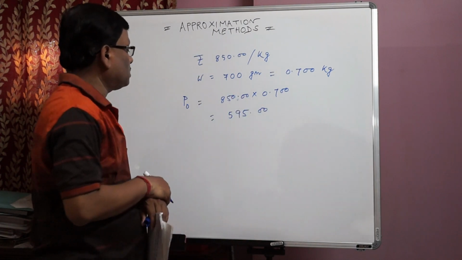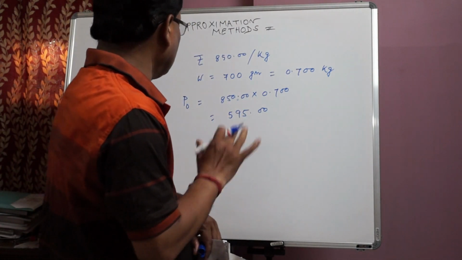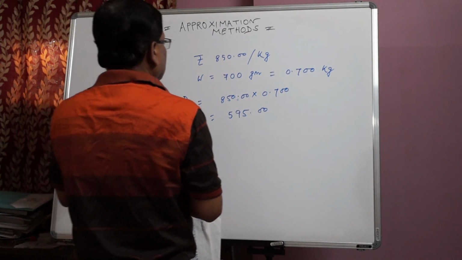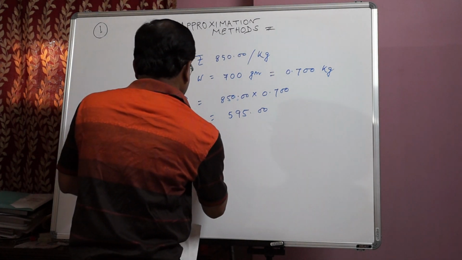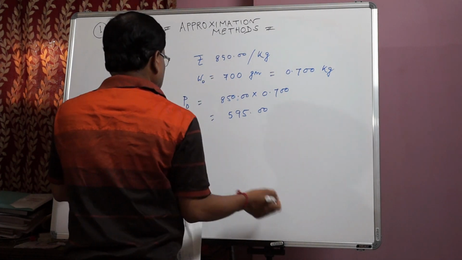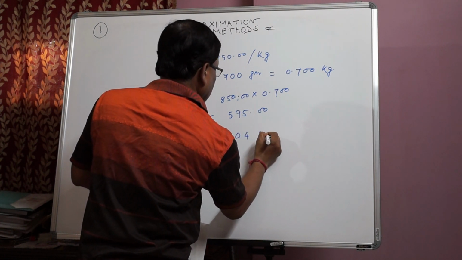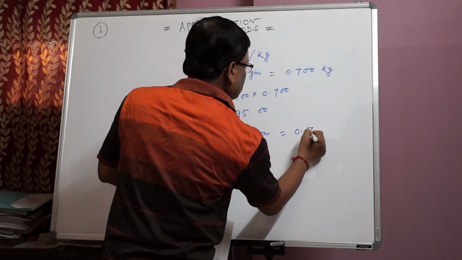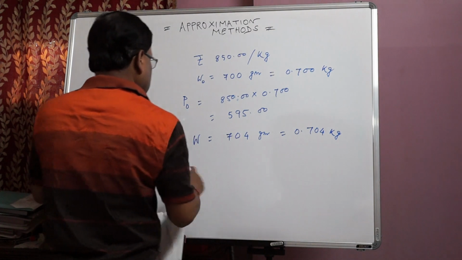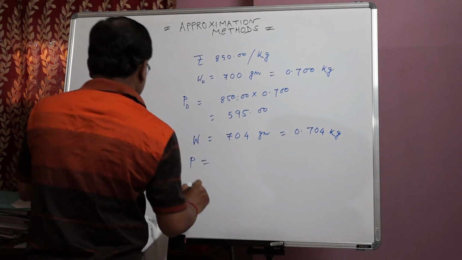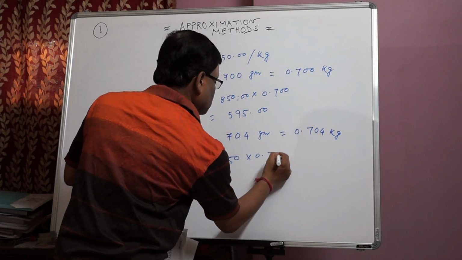This calculation is very easy to do mentally. Now say the weight of this fish becomes 704 gram, that means 0.704 kg. So what will be its price? Its price P is equal to 850 into 0.704 kg.